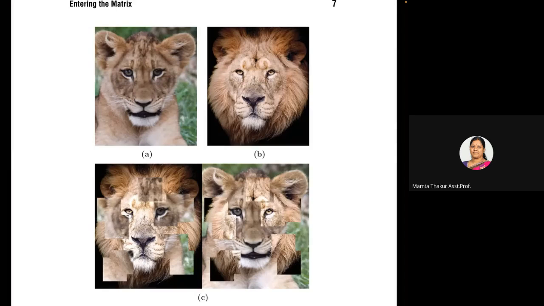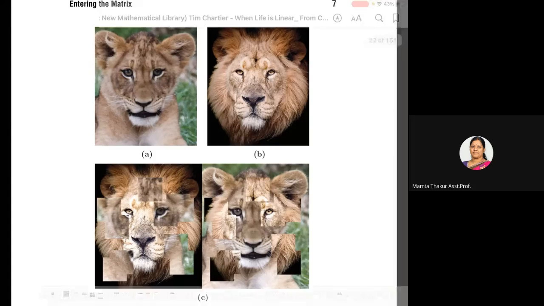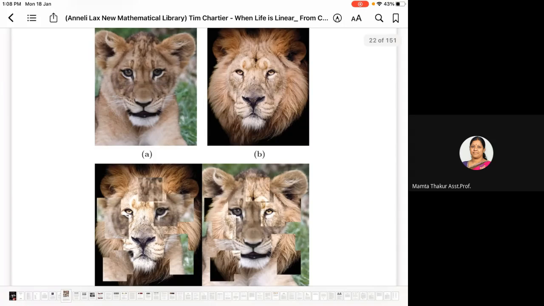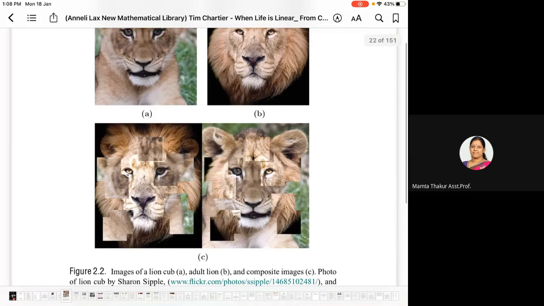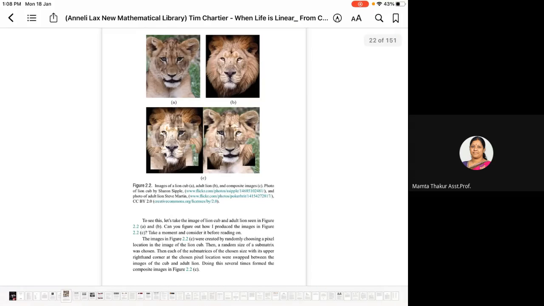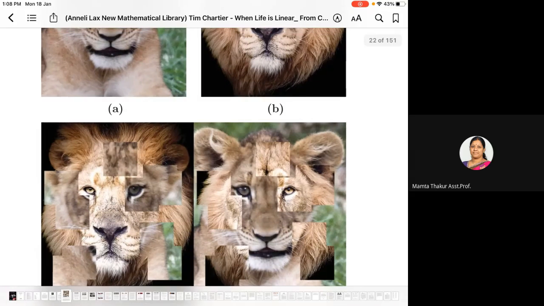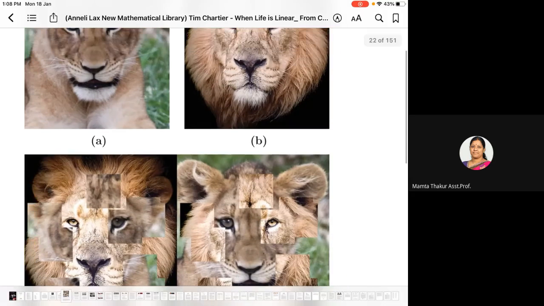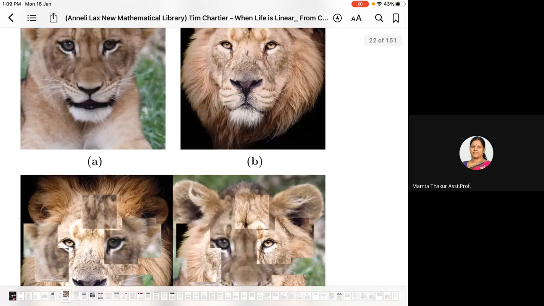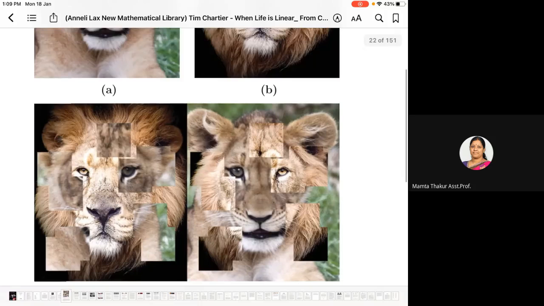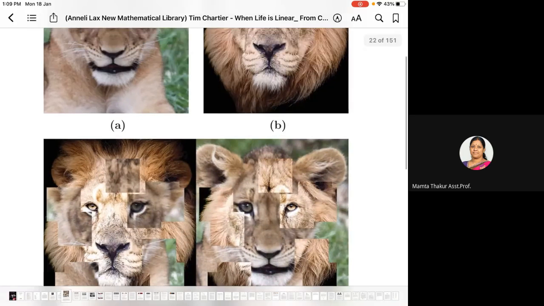A part of this matrix, namely a submatrix, is removed, and in its place some other submatrix is inserted. As a result, a typical figure appears, a combination of the cub and the bigger male lion. How has this happened? You have just replaced a submatrix with another submatrix. The result is this. That's it.